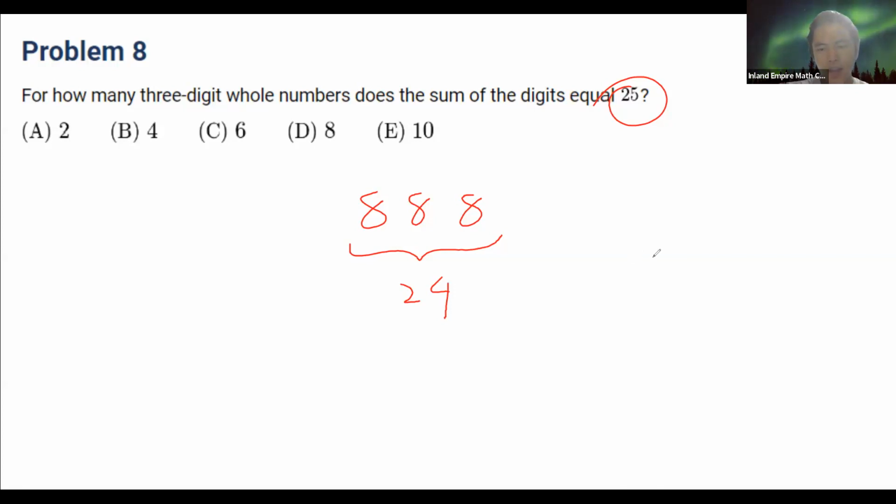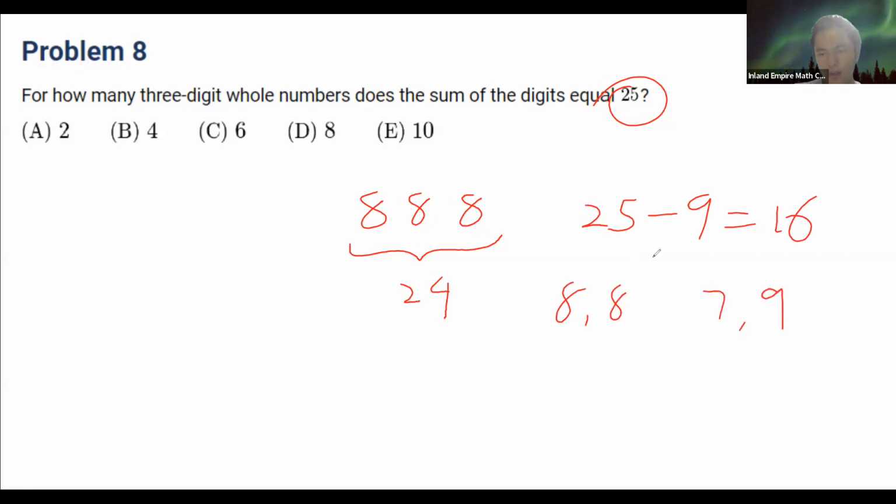Then if you have one of the digits equal to 9, the remaining digits would have a total value of 16. That means the two other digits can either be 8 and 8 or 7 and 9. That gives you a couple ways to arrange them.